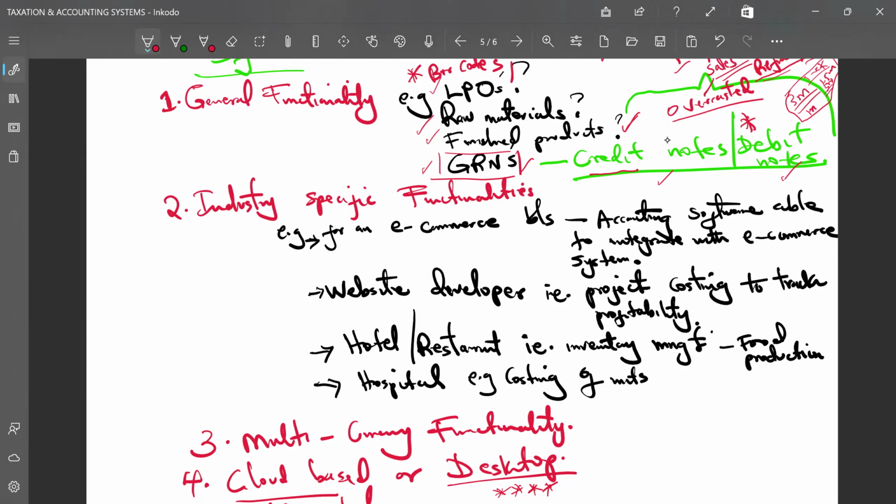Now, we started looking at point number 2 about industry-specific functionalities. Before you approach the salespeople selling you accounting systems, ask yourself what you need as a business first, so that when you approach them, you already know what you want, and someone does not sell you something which you don't need.